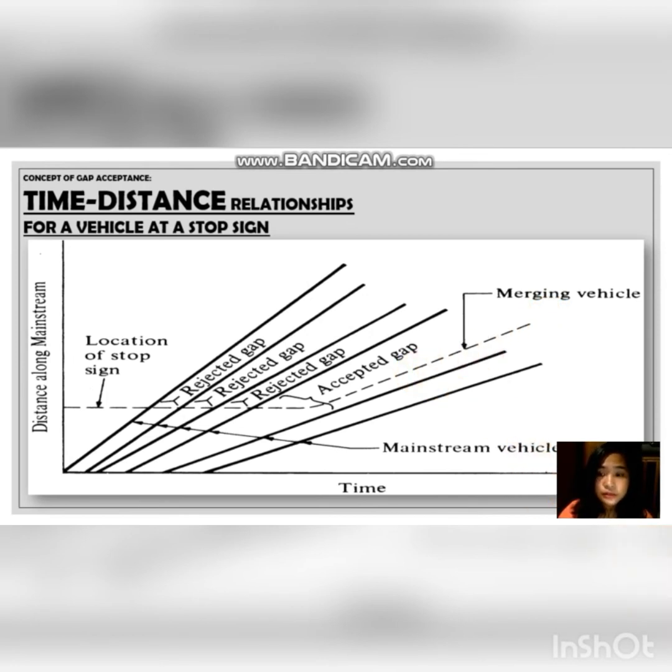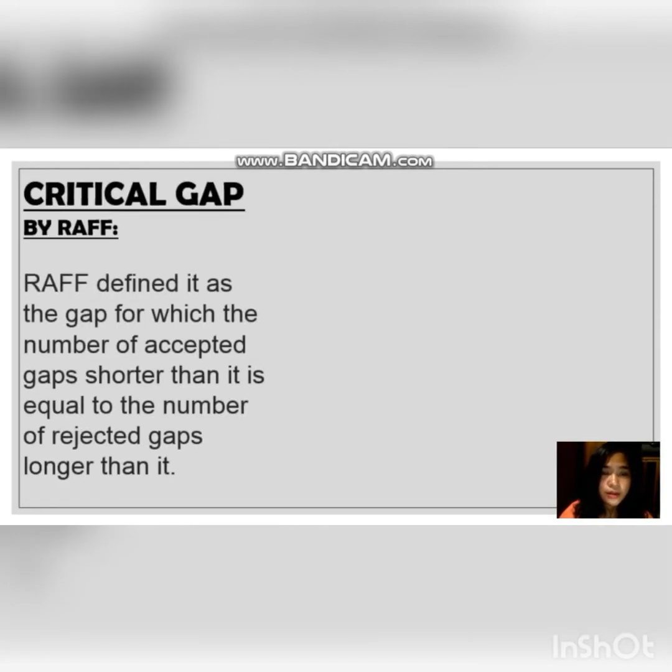We have the location of the stop sign here, and this is the accepted area of a merging vehicle. This figure shows that the more the time and distance increase, the more feasible it will be for the merging vehicle to find gap acceptance and proceed with its merging maneuver into the mainstream, starting from the location at the stop sign.